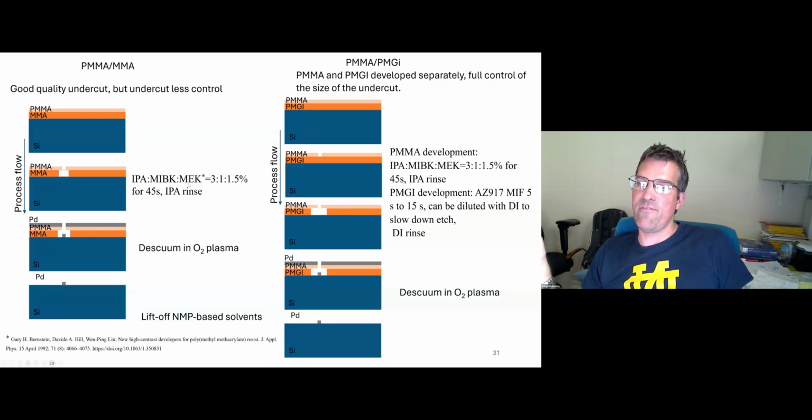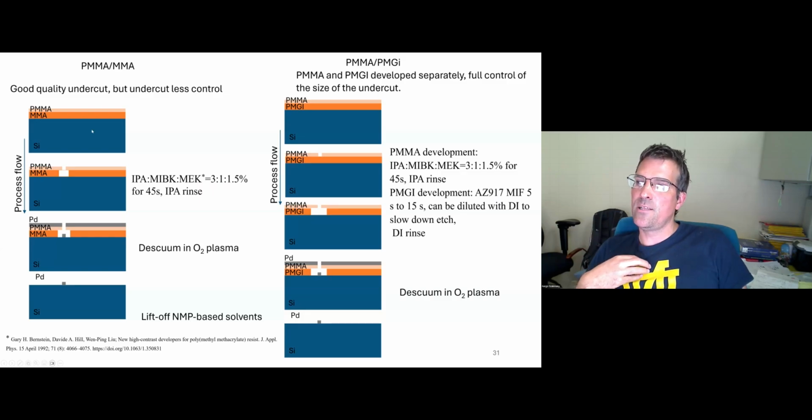All of these chemicals are available in the clean room, so you can mix your own mixture and use it. It doesn't require any cooling. If you cool it down and do cold development, you can get a little higher resolution if you want to. But generally, if you are not at the cutting edge of the machine, but in a 20 to 50 nanometer range, then room temperature developing is perfectly fine.